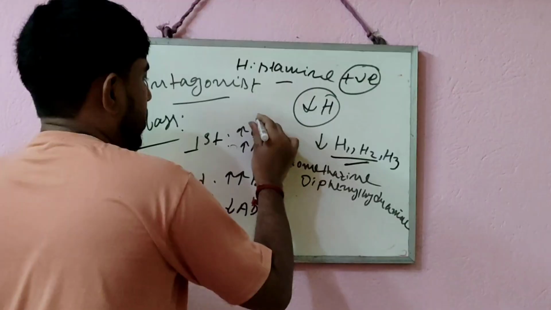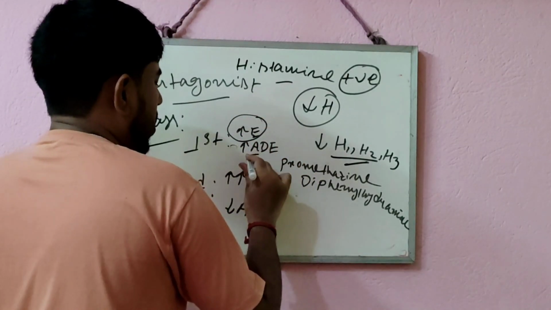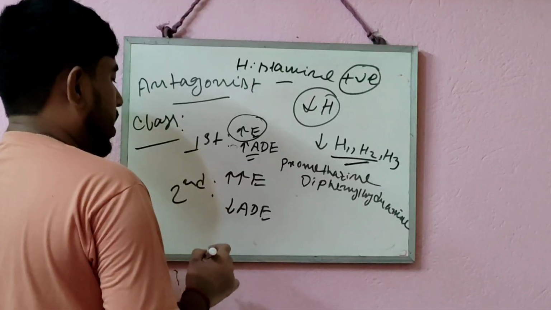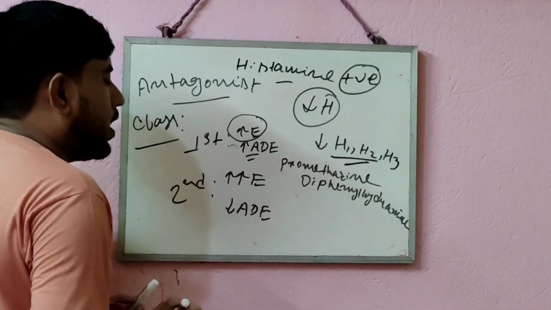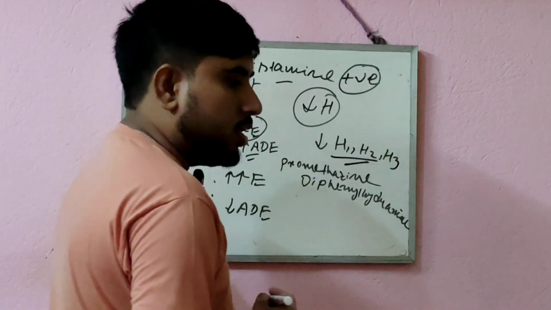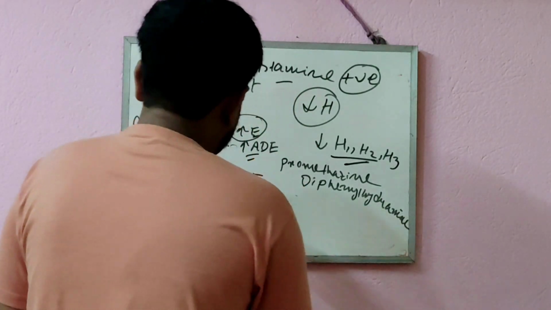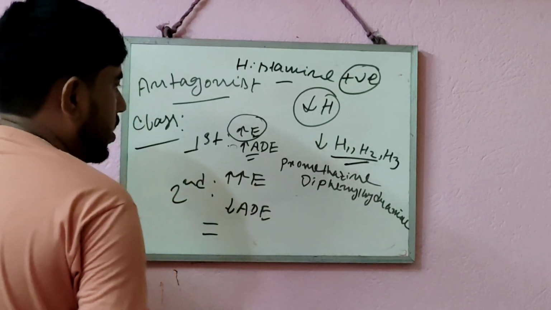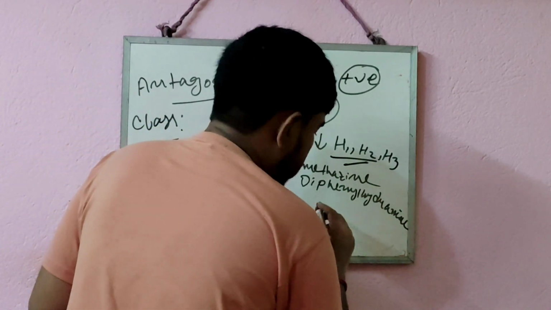They are first generation drugs because they have effectiveness, but their adverse drug reactions are not negligible. So to improve their effectiveness and decrease their adverse drug reactions, the second generation drugs came about. What are examples of second generation drugs? That is cetirizine.